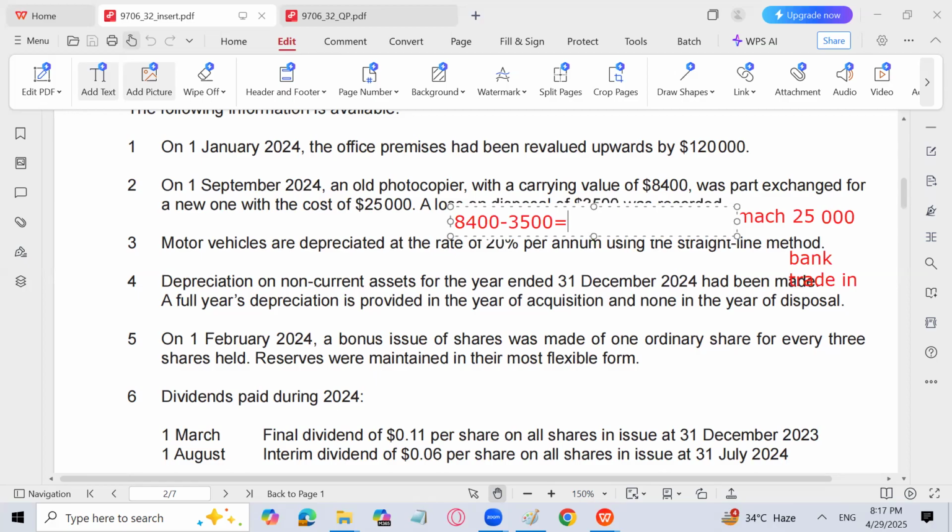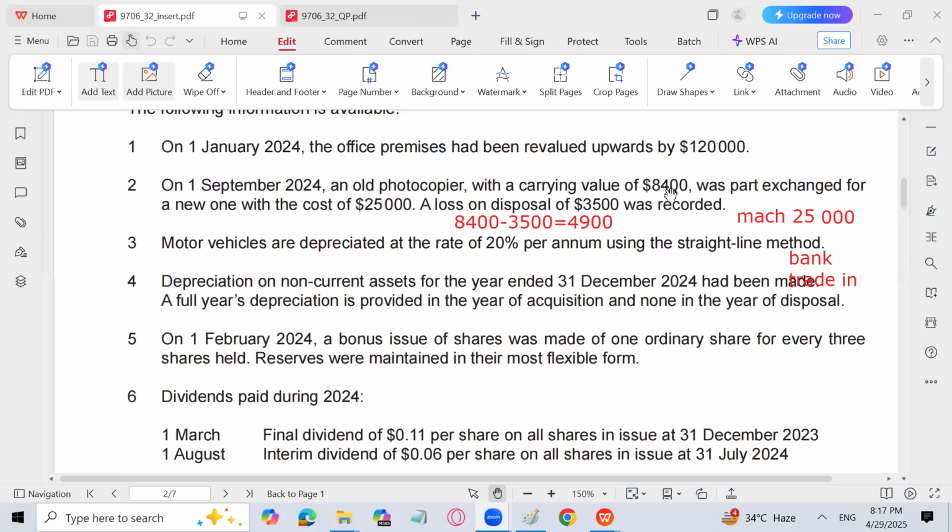So 8,400 minus 3,500, this is 4,900. So it means that the carrying value is 8,400 and the asset has been sold for 4,900, and because of that reason we are sustaining a loss of 3,500.